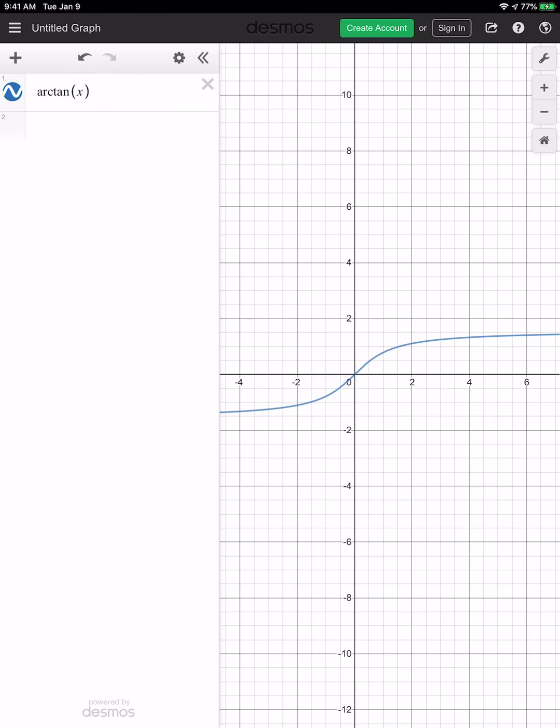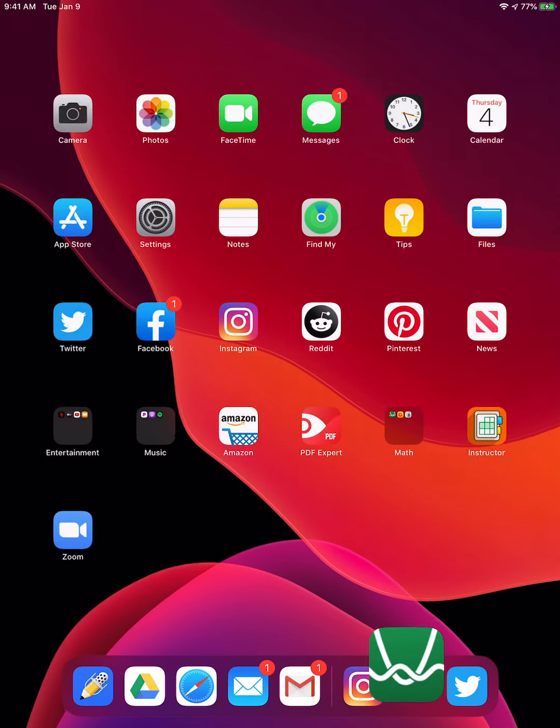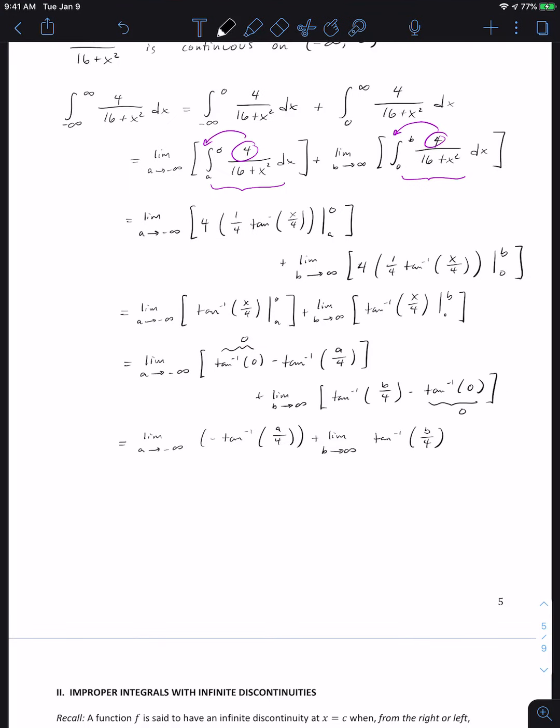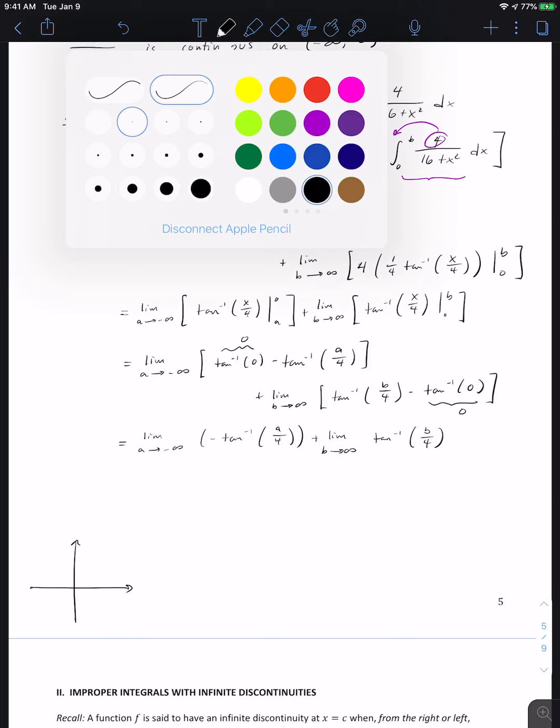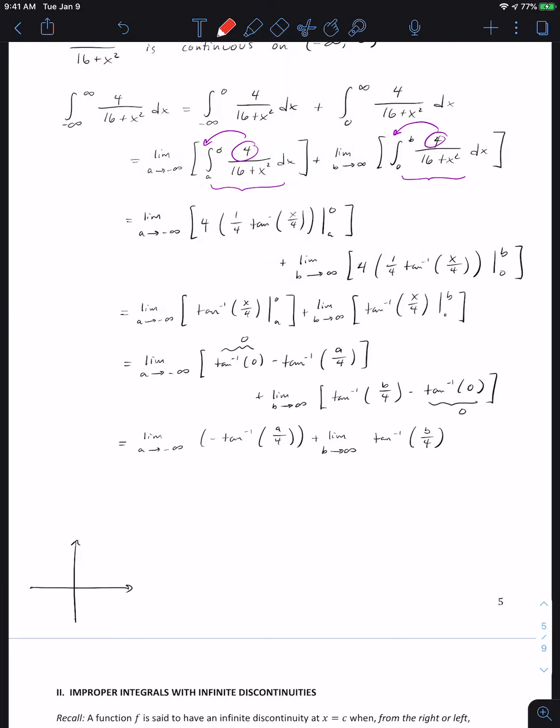And it actually has horizontal asymptotes at pi over 2 and negative pi over 2. So in other words, the tangent inverse function looks like this, and it has horizontal asymptotes at pi over 2 and negative pi over 2.